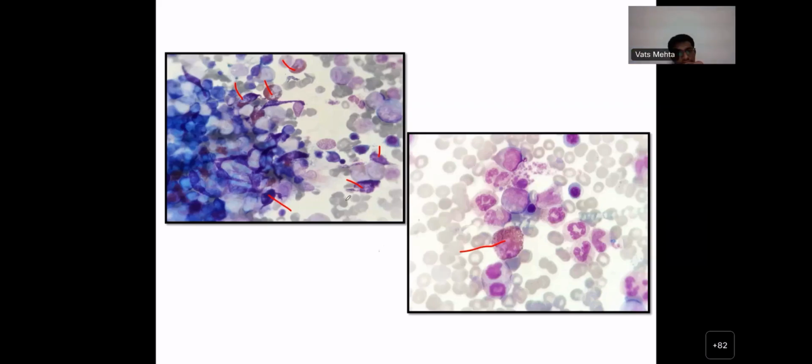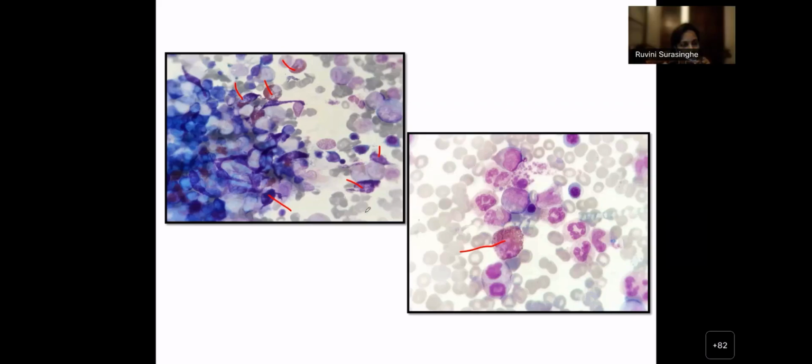Due to increased granularity, the staining takes up increased basophilic granules, right? And why not basophils? Well, they can be basophils. In the tissue sections, we call it mast cells.